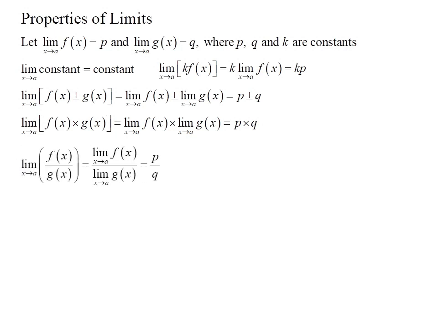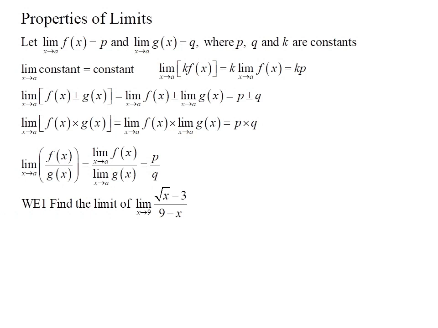The last one is the quotient property, which states that the limit of f of x divided by g of x, in parentheses, as x approaches a, equals the limit of f of x as x approaches a over the limit of g of x as x approaches a, which equals p over q.